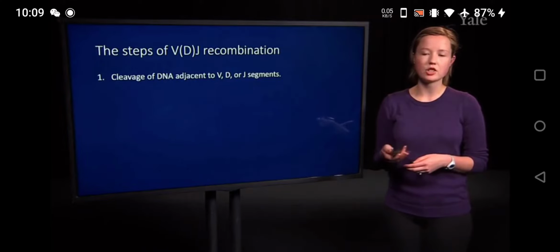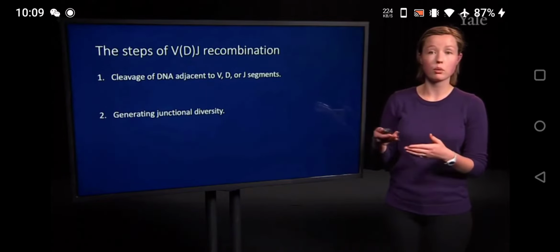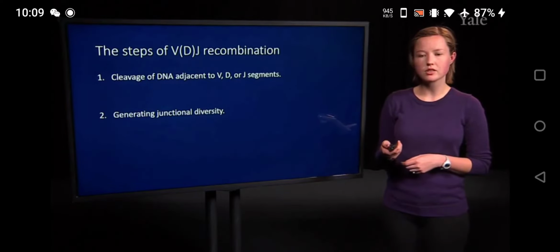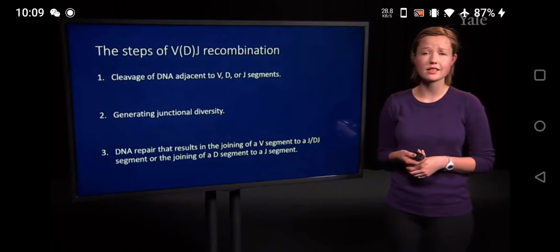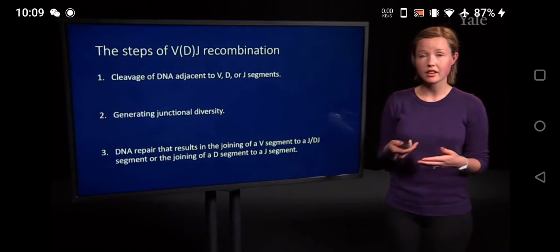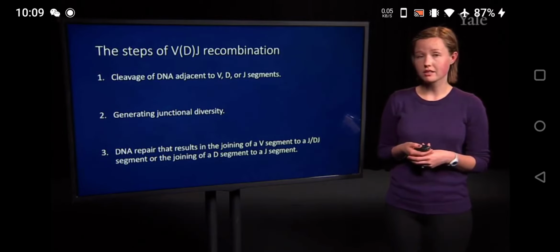The second step will be generating junctional diversity, which I will mention in a couple of slides how this actually is accomplished. And then the last step is bringing these V, D, and J segments together by a DNA repair mechanism referred to as non-homologous end joining, or NHEJ.